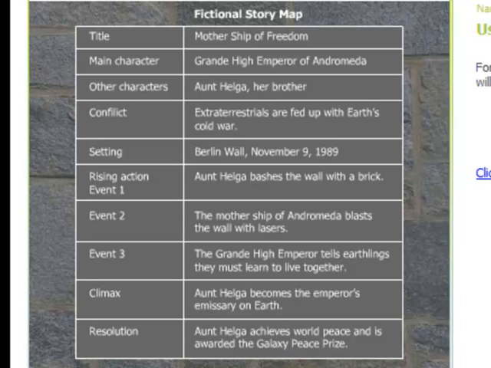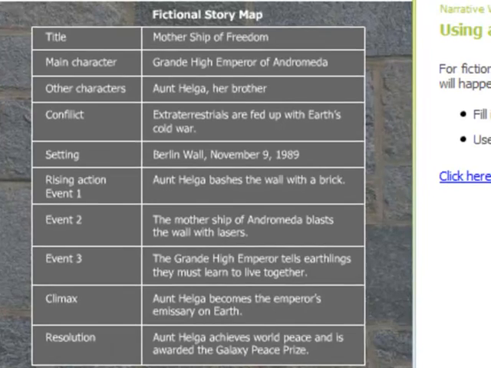If we haven't watched that yet, we will. But you have your conflict, your rising action, your climax, and your resolution. They've just added some other things in to help you map out your story. So this is a good chart as well if you want something easy to organize your ideas.